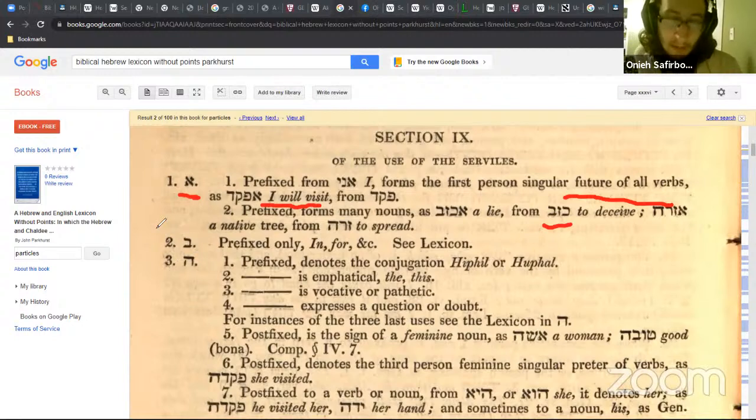Bet, when you add bet, it's only prefixed, and it essentially means in, but it can also mean into, and it can mean with or by. By something. By the power of God, you would say in Hebrew, in the power of God.